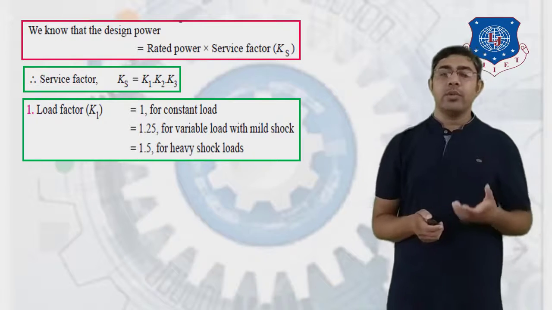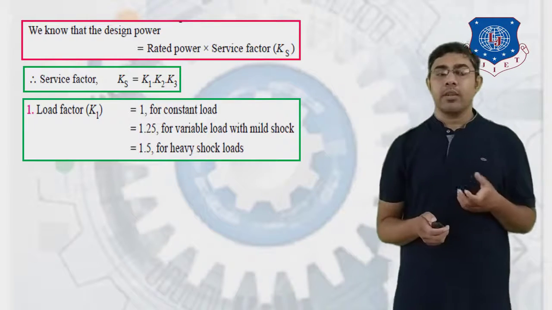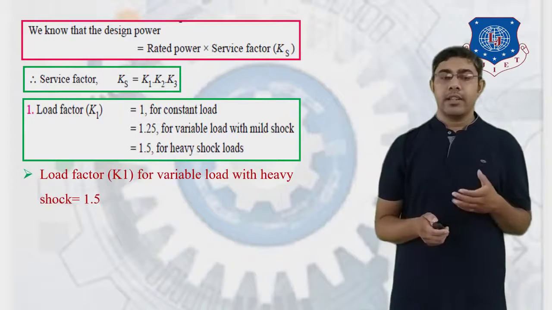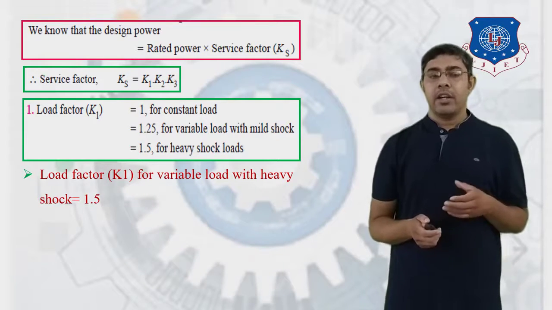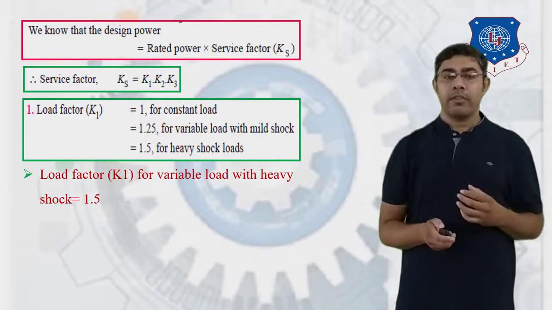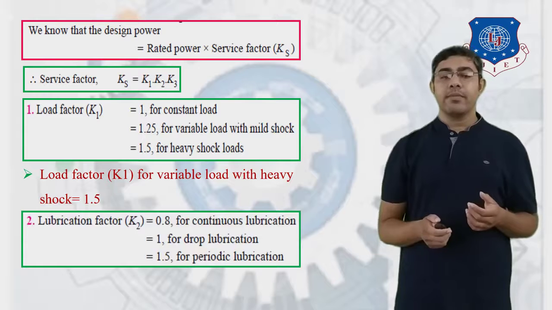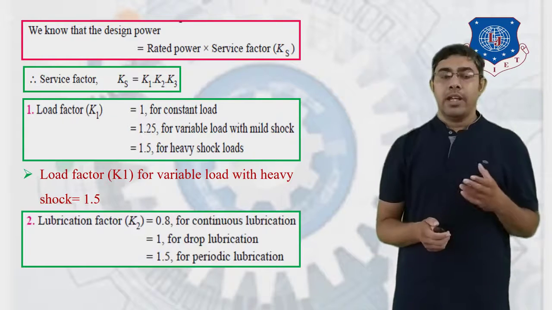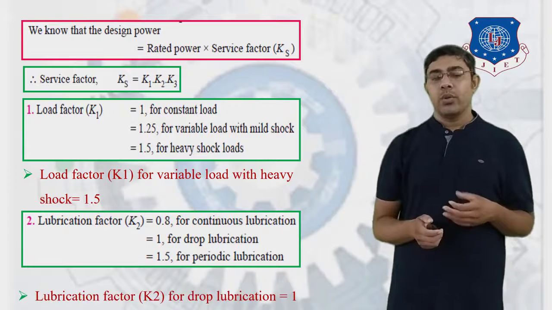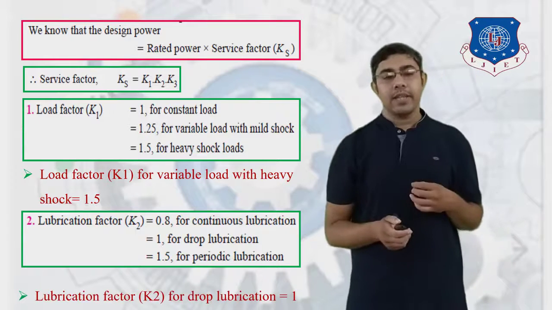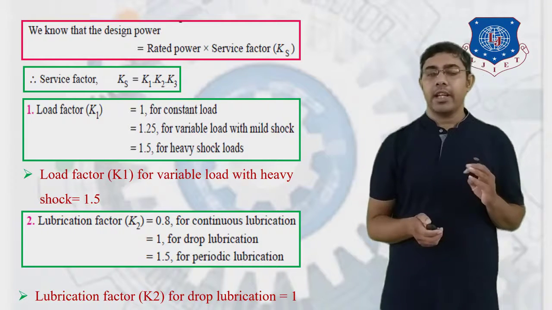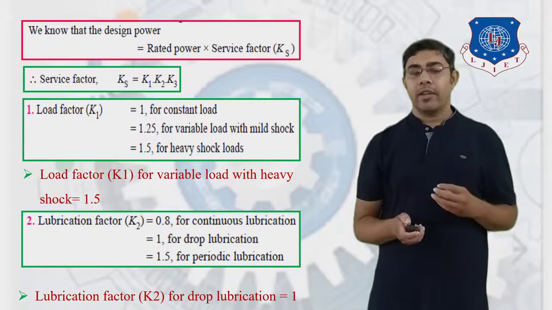For the load factor K1, for variable load with heavy shock, the value is 1.5. For the lubrication factor K2, for drop lubrication, we take 1. So K1 is 1.5 and K2 is 1.